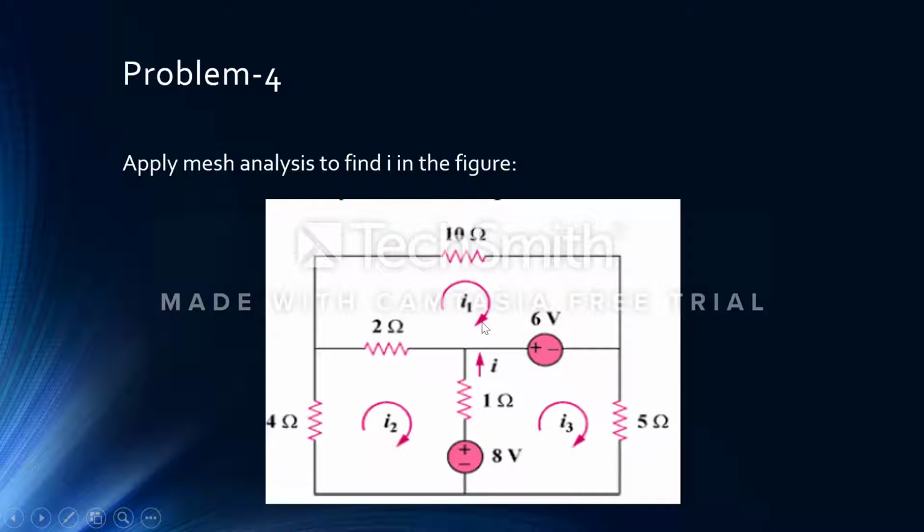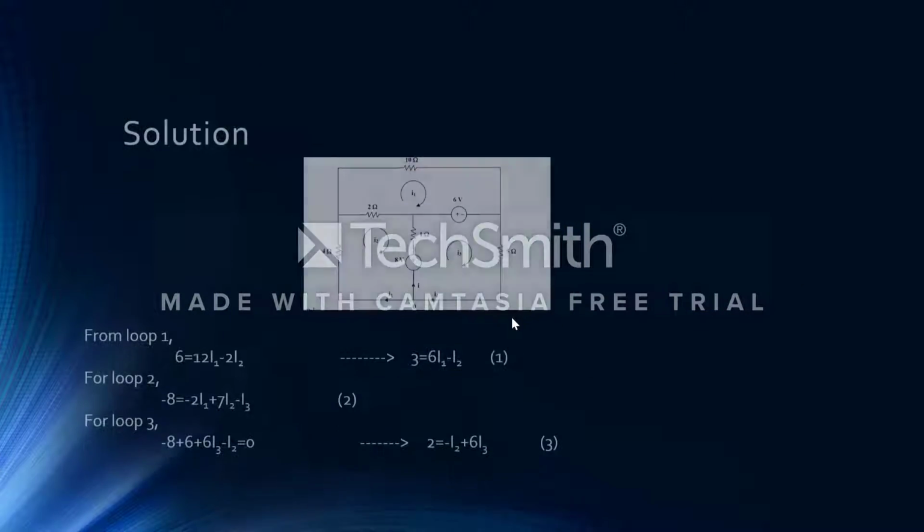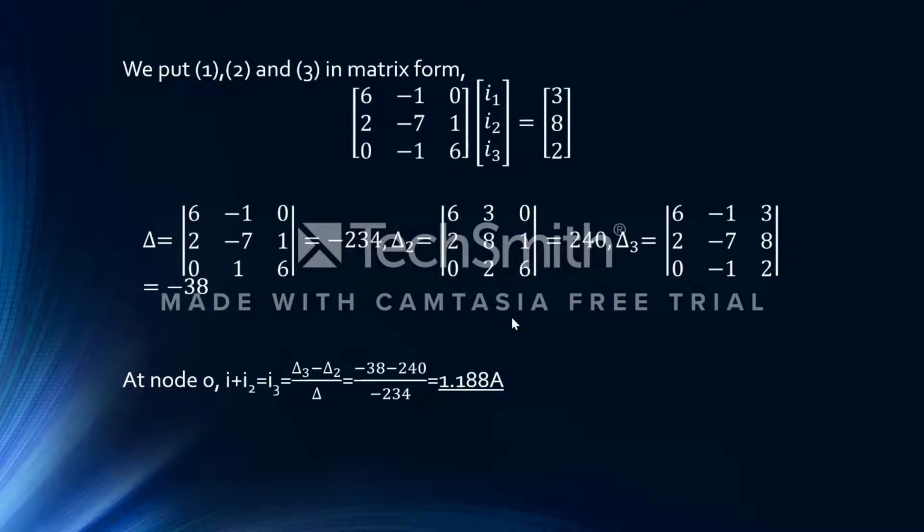So we need not even include I1 over here. So finding delta 1 would be a waste of time. So we are neglecting that. Our motive is to solve problems in a shorter time. So we neglect delta 1 completely because there is no use of I1 over here.